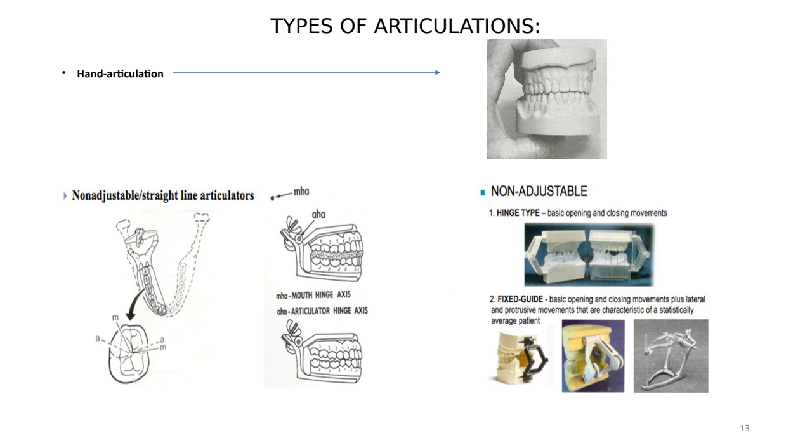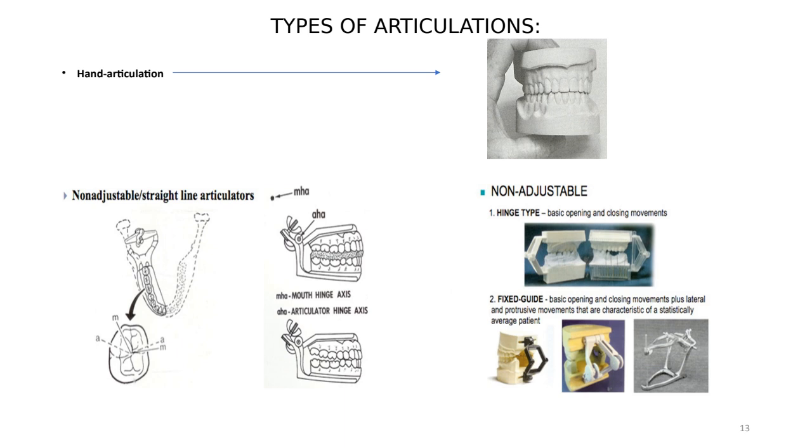So we can hand articulate, sometimes, let's say we just have to do a diagnostic wax-up for a patient. For that case, maybe we don't need to mount it on an articulator, if we just need to do something fast. We can just hand articulate it and do the wax-up, put it with the opposing, and then present it to the patient or to the dentist.